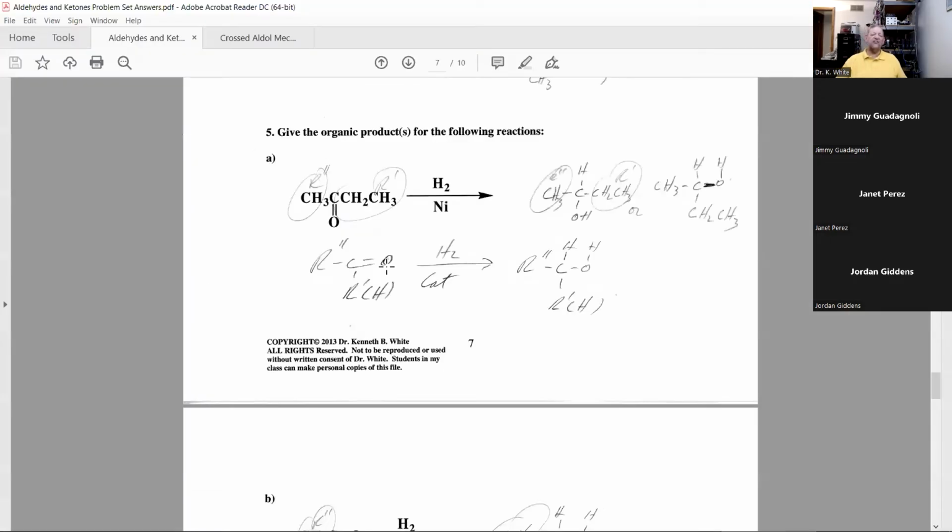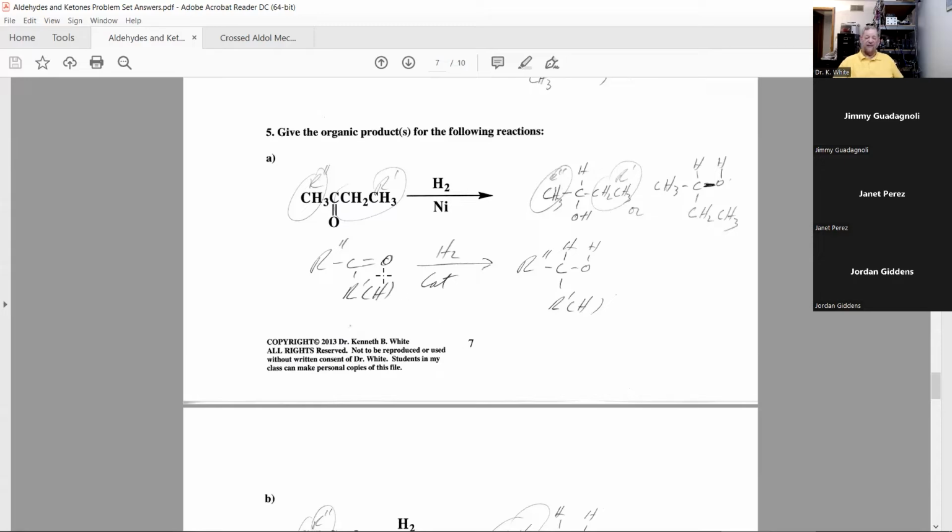All right, let's look at 5A. What's different? Oxygen, double bond to carbon, carbon's here and here. Ketone, it could have been aldehyde, it's not. Hydrogen, a catalyst, nickel. I didn't put down, but by now you know catalyst can be nickel, platinum, or palladium.